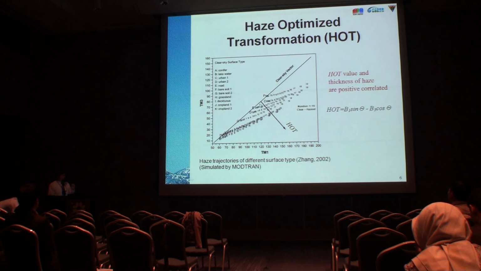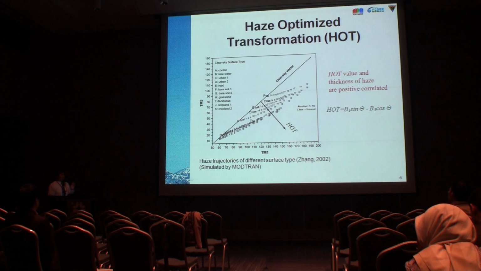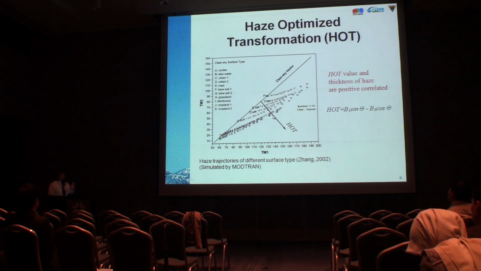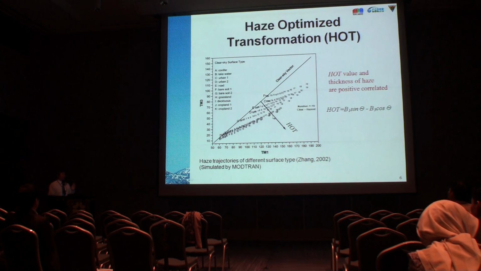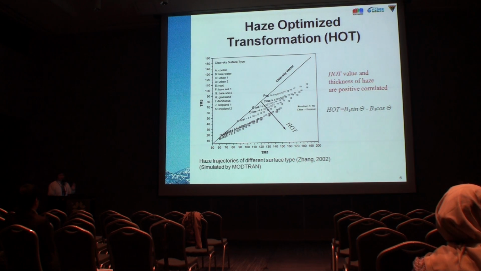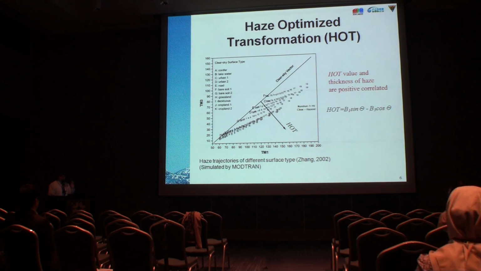So in this method, haze optimized transformation, they define a vector in this direction to measure the thickness of the haze condition, and then from this estimation, it can derive a correction for the haze situation.